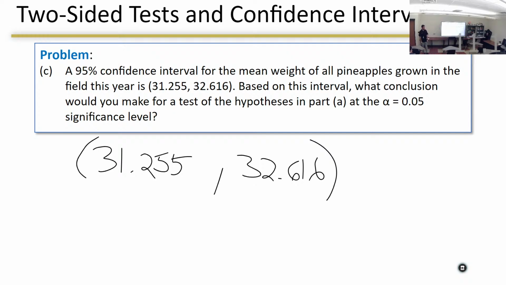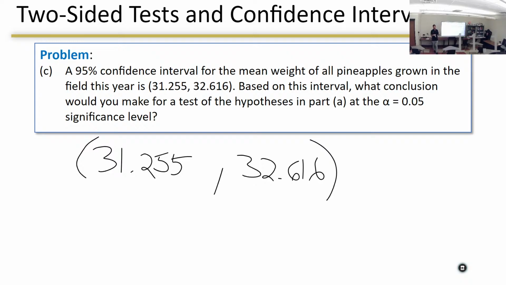Based on this interval, what conclusion can you make? Since 31 is not in my interval, it's not plausible, therefore we will reject. Now, be careful here. Some students will say we have enough evidence to say that the mean weight is greater than 31. Don't say that, because we didn't say that.